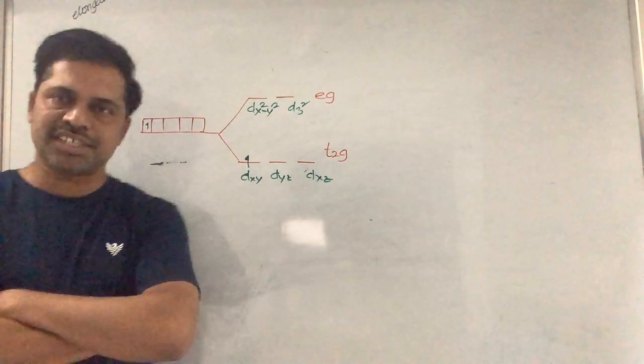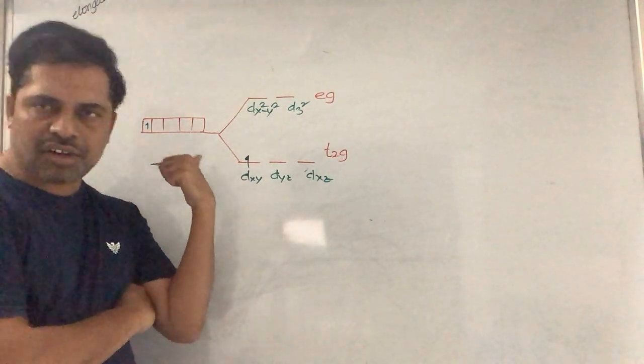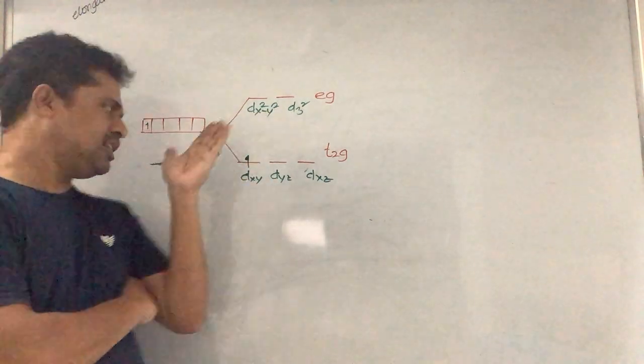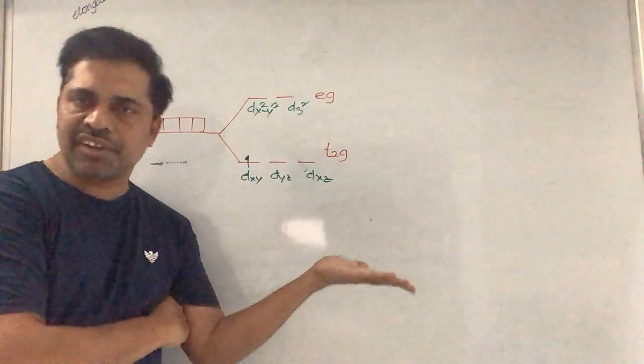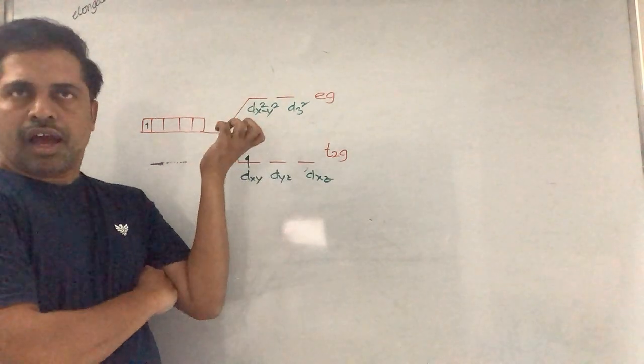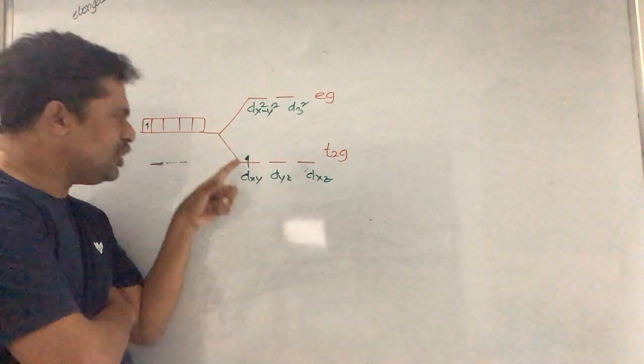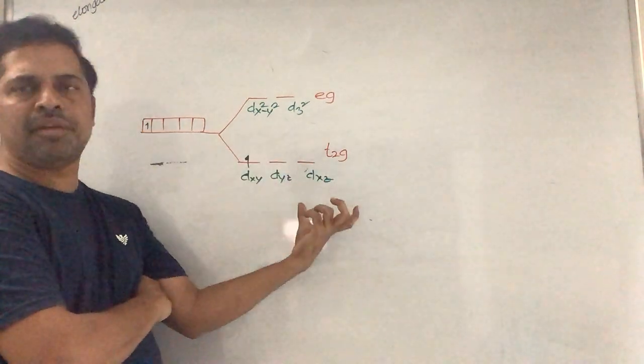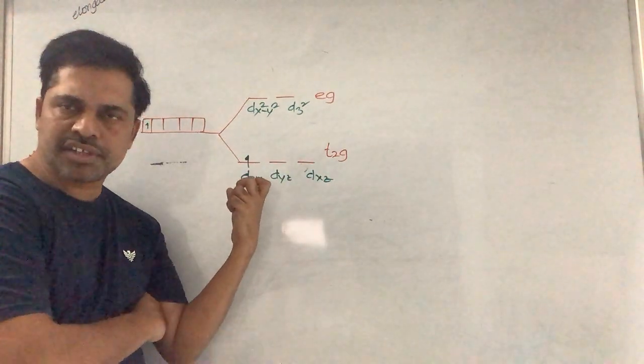But the advantage is, in the octahedral case, the ligands are coming along the axis, and these orbitals are present between the axis. Because of this, even though an electron is present here, these are not with electrons. This is different from the remaining 2 because of the number of electrons.